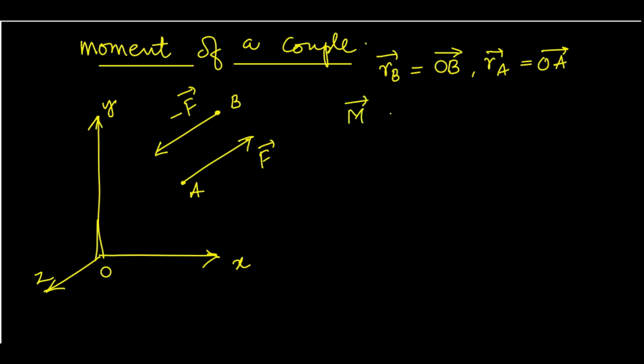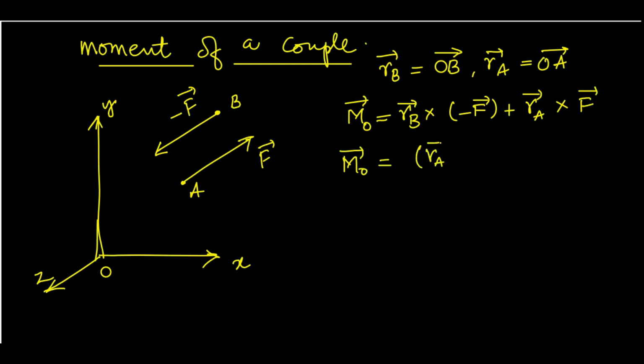The moment of both the forces is RB cross minus F plus RA cross F, moment about the origin, right? So your final moment is RA minus RB cross F.